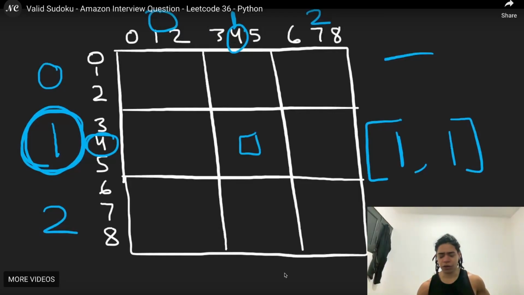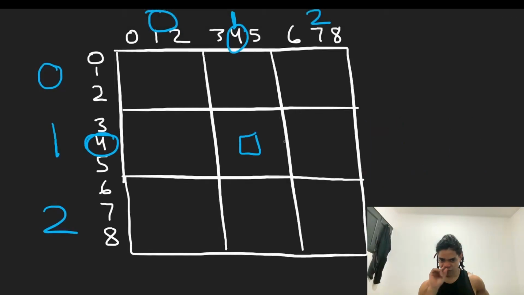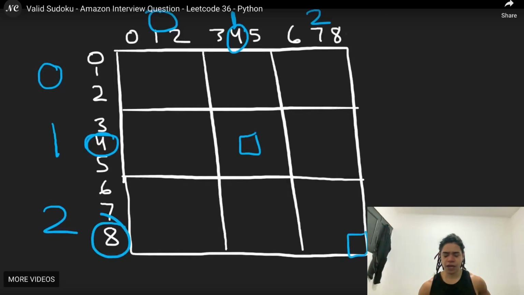Again, this is a fixed solution. It basically identifies which square this is a part of. Now let's check that the edge cases work out. Let's try 8, 8, right? This is the boundary. Exactly. If we divide 8 by 3, we get the integer it represents.